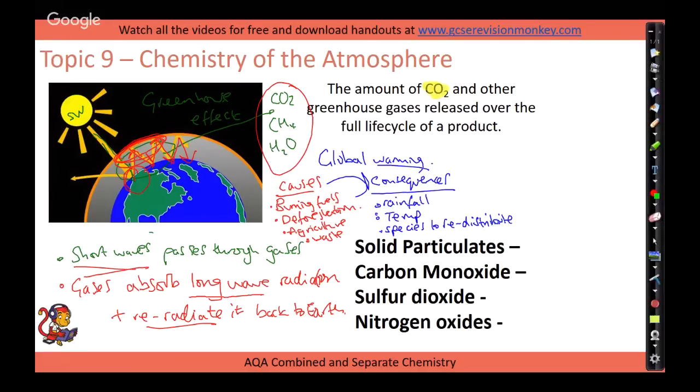In relation to carbon dioxide as well, we can calculate, it's quite difficult, but we can calculate the amount of carbon dioxide and other greenhouse gases released over the full life cycle of a product or event. So you could be talking about the production and manufacture and distribution of a mobile phone. Okay, how much CO2 is that going to produce? You could be talking about a concert.